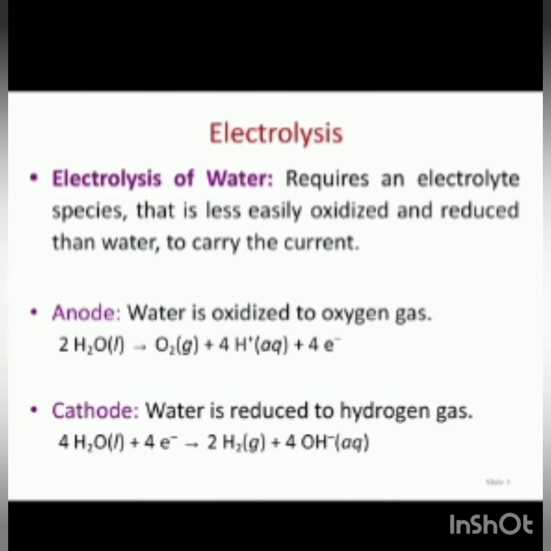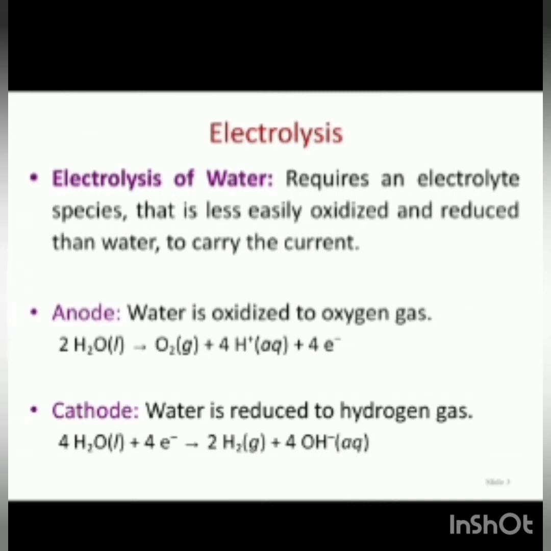As per the electrochemical series, the water molecule loses 4 electrons and is converted into an oxygen molecule with 4H+ ions.